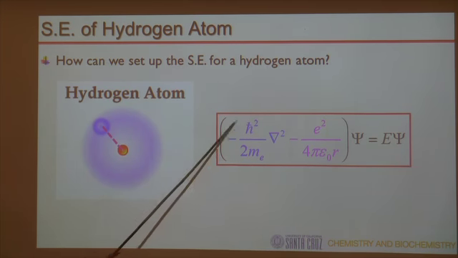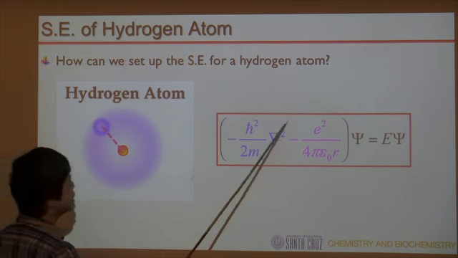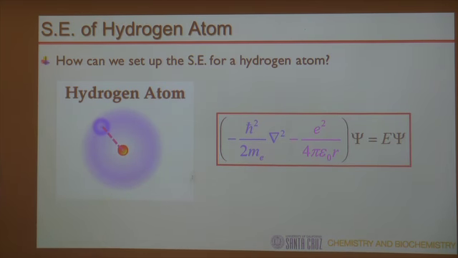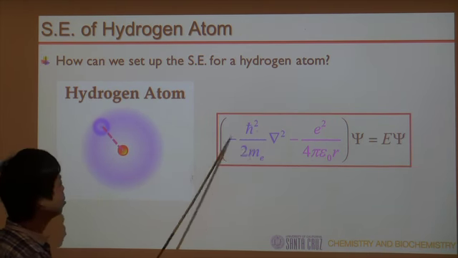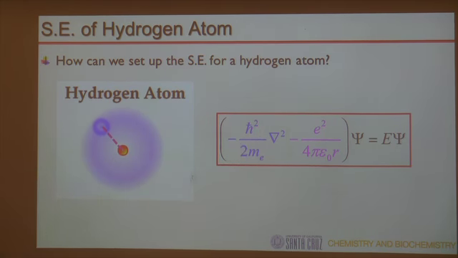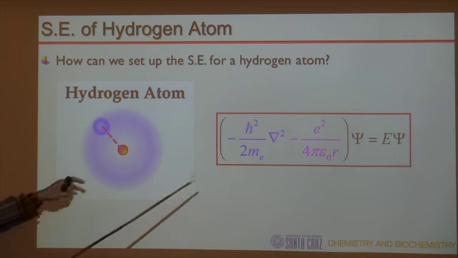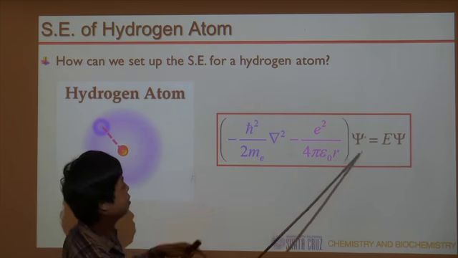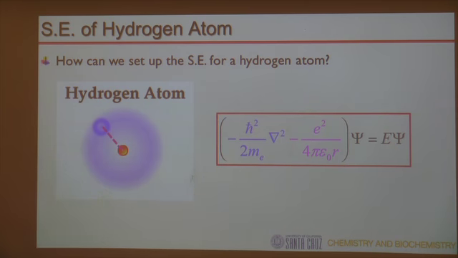The blue one is the kinetic energy operator and the pink one is the potential energy operator. Pay attention, they both have a negative sign, so don't forget about the sign here. Then you use the whole thing to operate on the wave function, and you get the eigenvalue back times the wave function.